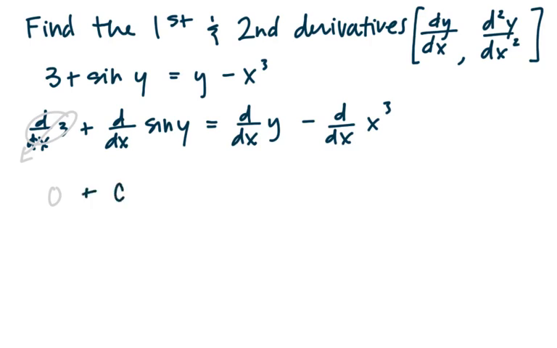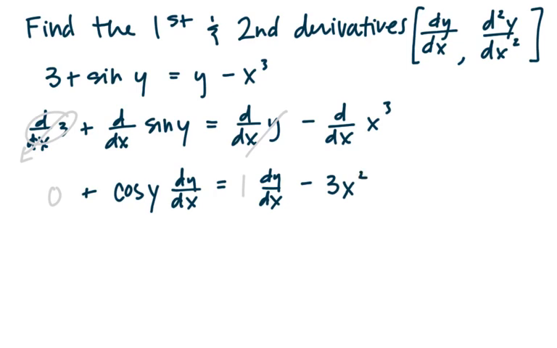The derivative of sine y is cosine y, and because we take the derivative of y with respect to x, we need to write that. The derivative of y is just 1, which we don't need to write, but I will write for continuity. And since I took the derivative of y with respect to x, we write dy dx. And then the last piece here, we've got 3x squared.